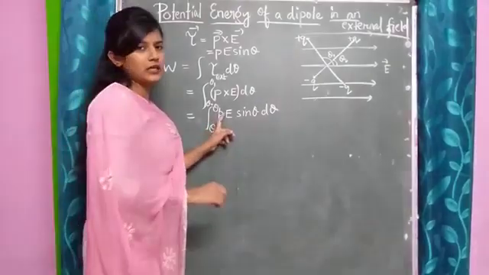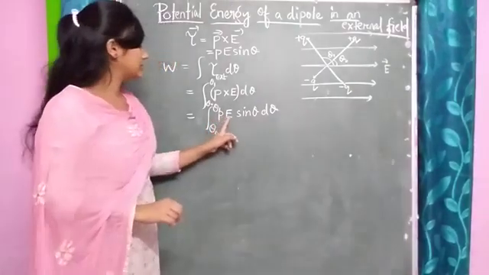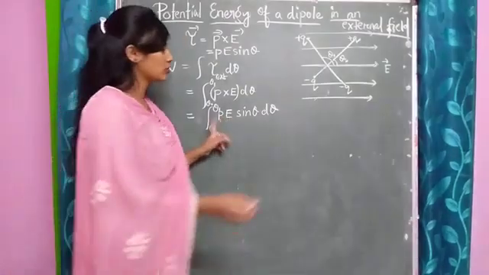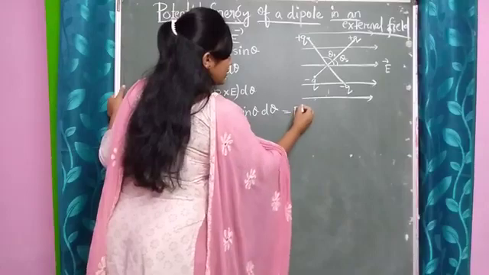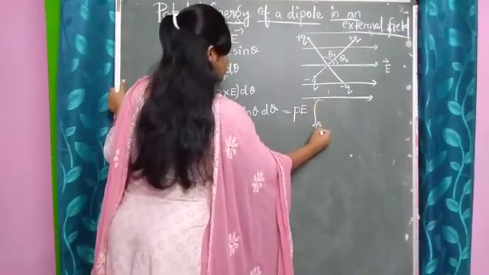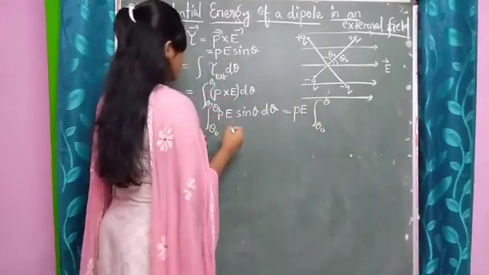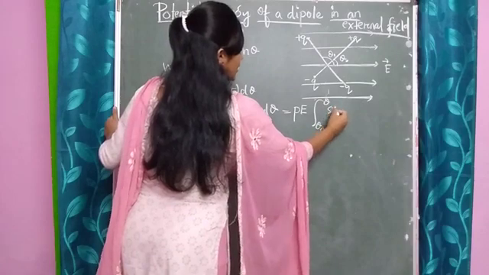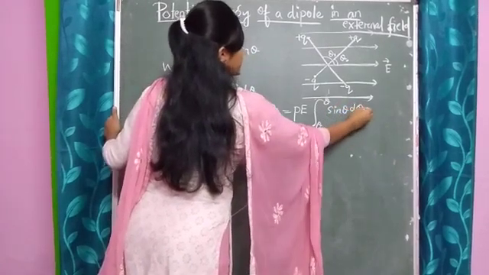P and E, we know it is a uniform electric field, so it will be constant, and P is also constant. So let PE be taken out from the integration. We will now have the integral of sin theta d theta.